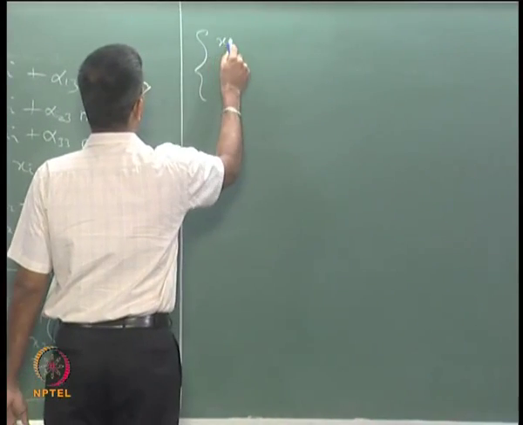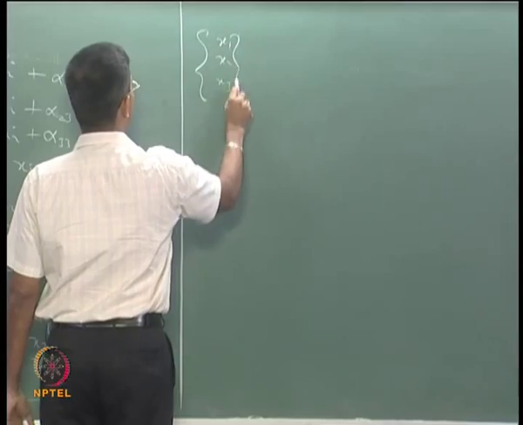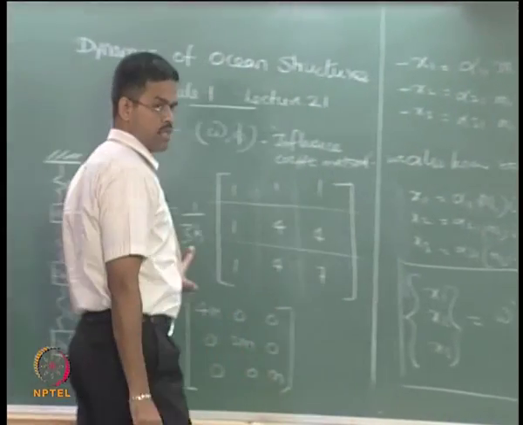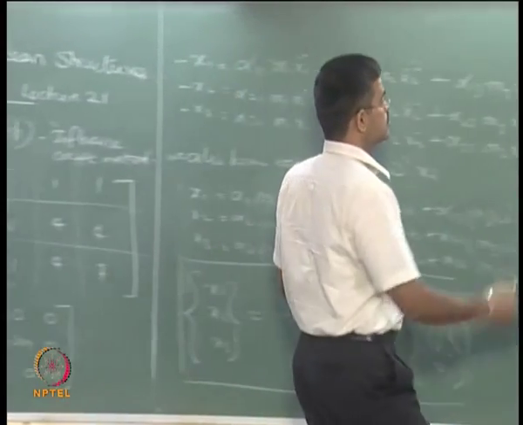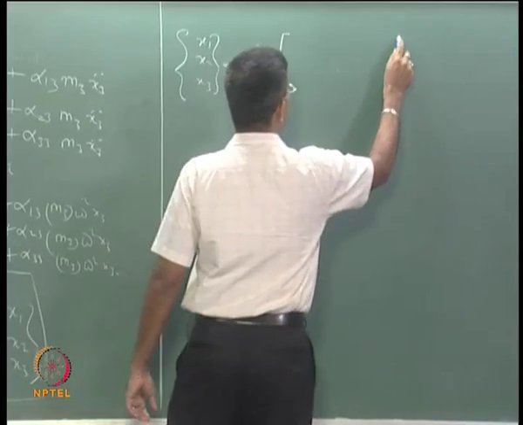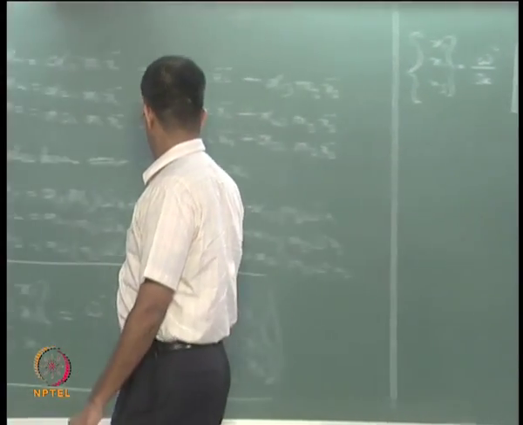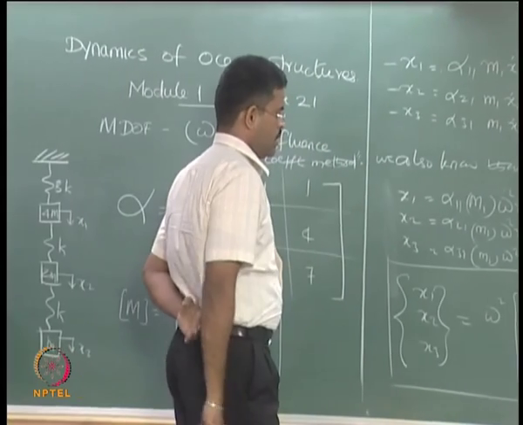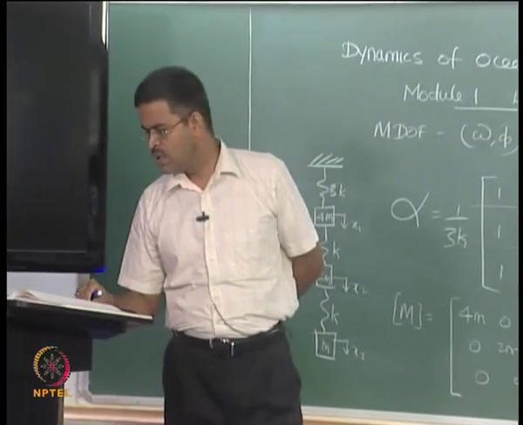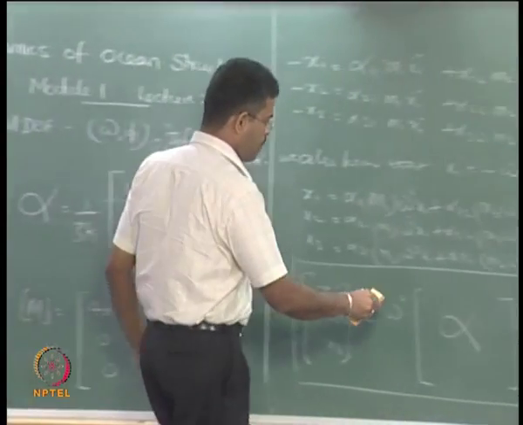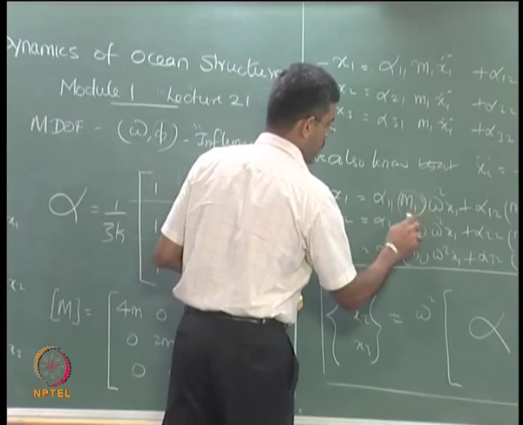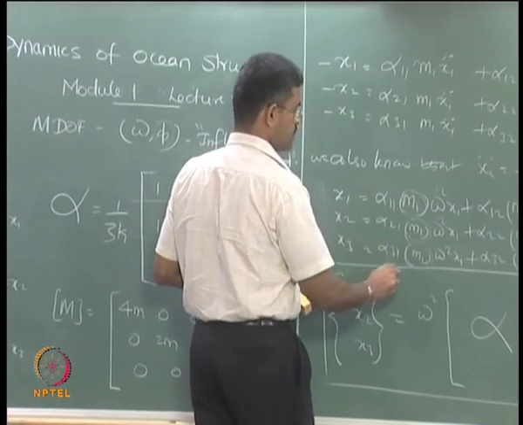So my control equation is going to be x1 x2 x3 equal to omega square by 3k, because alpha has a constant 3k outside. So I should say omega square by 3k of this alpha matrix, slightly modified because it is not going to be the same matrix, as I am multiplying the first coefficients with M1, the next with M2.